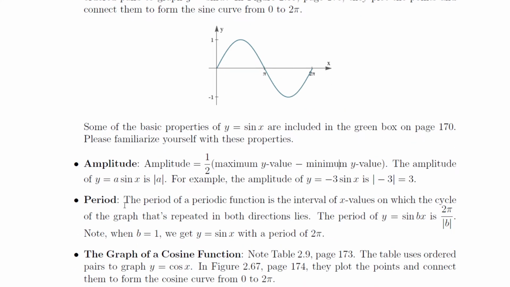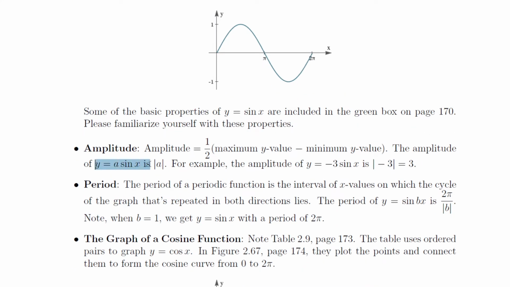The amplitude is usually represented as a, so it sits in front of the curve or the function. So you've got y is equal to some letter a, which we call the amplitude, times sine of x. And the amplitude is literally just going to be the absolute value of whatever this value is, if you see it.